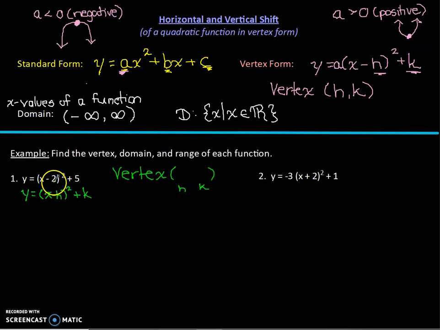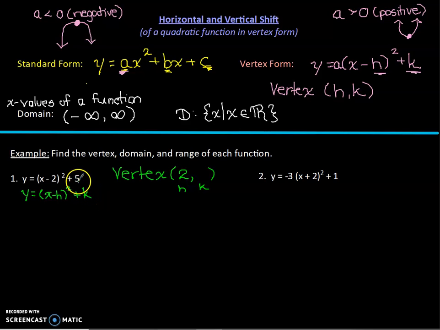So always in the parentheses, it's the opposite sign of what you have. Outside the parentheses, it's the same. Oppo, samo: it's always the same outside of the parentheses, opposite inside the parentheses. So h would be, again, positive 2.